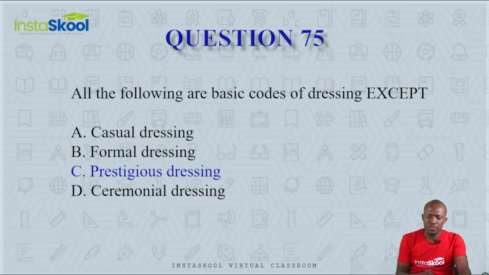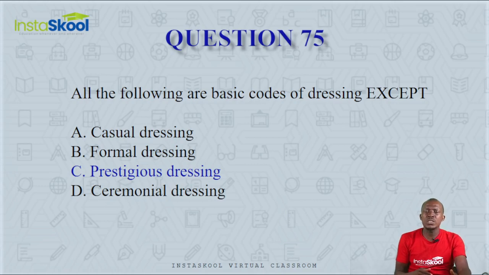Question number 75. All the following are basic codes of dressing except one: casual dressing, formal dressing, prestigious dressing, and ceremonial dressing. Casual dressing is the dressing you put on when you are not on any special assignment, like what you put on when you are at home.